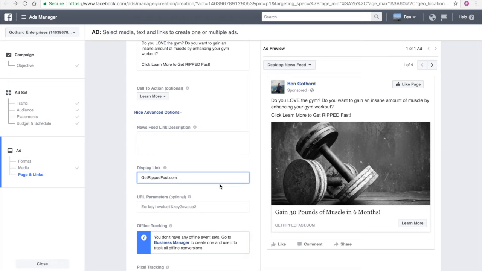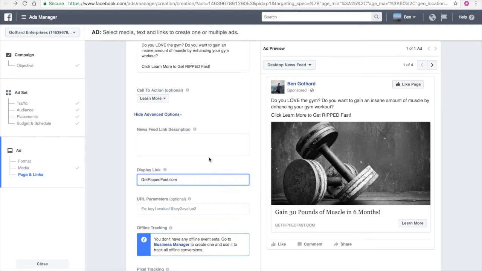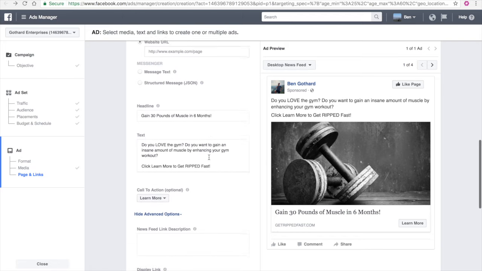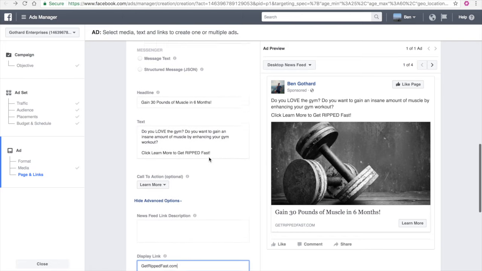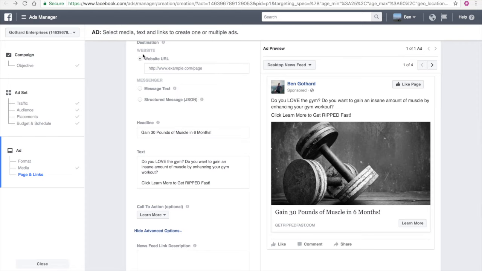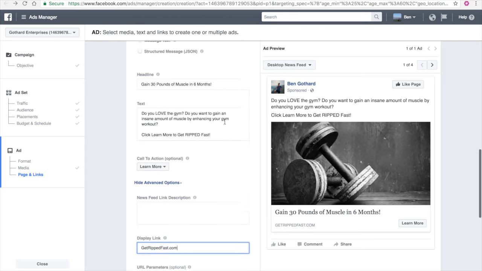And I trust that you can see why. One, it's not ethical to lie to people, but two, it could be used for some not so wholesome things. Just the point that I'm trying to make is put the same website. You don't want people to be confused. If your website URL is www.getrippedfast.com, then put that. Just be consistent here.